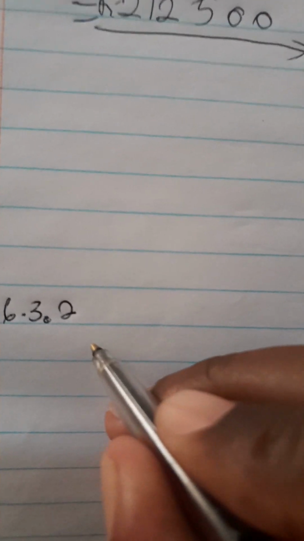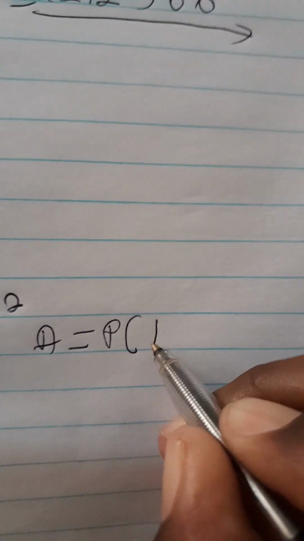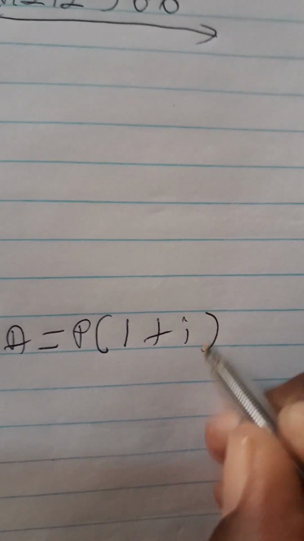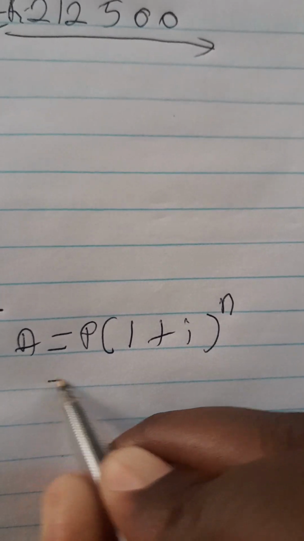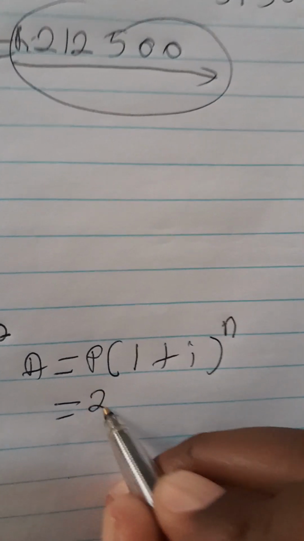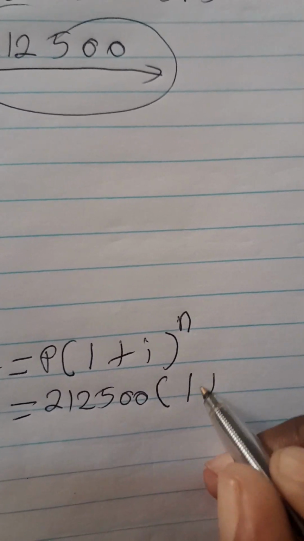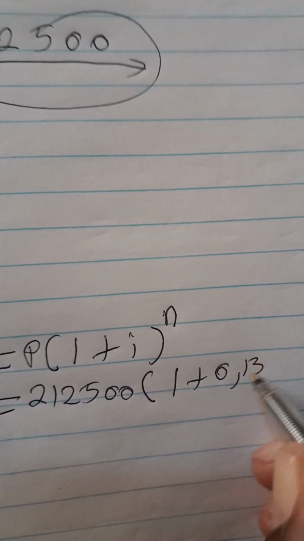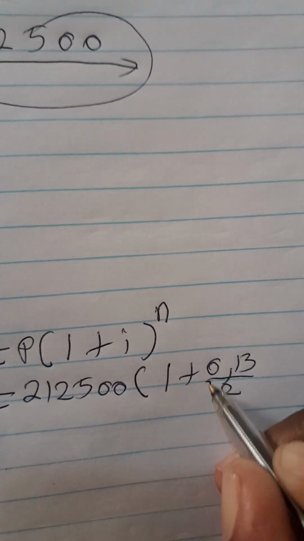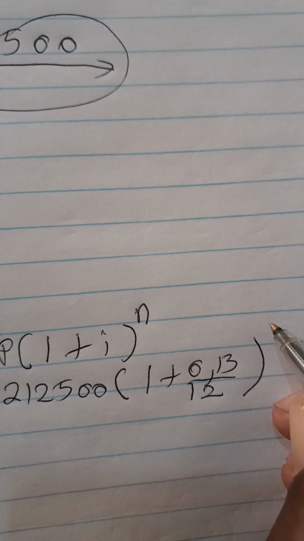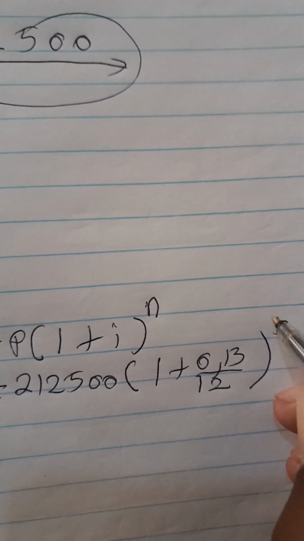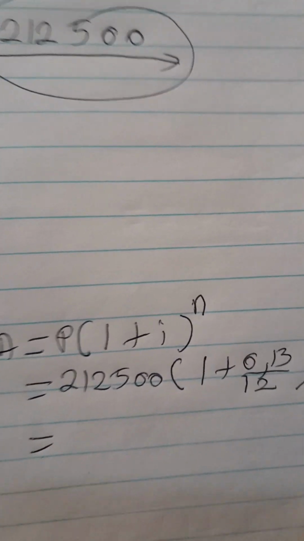Right, so let's put this into practice. Take note of that first statement. We are going to use a present value formula, because that amount is being compounded. We are going to use the value of 212,500 times 1 plus 0.13 divided by 12, since it's compounded monthly, for a period of 5 months, not 6, because at the 6th month you stop.